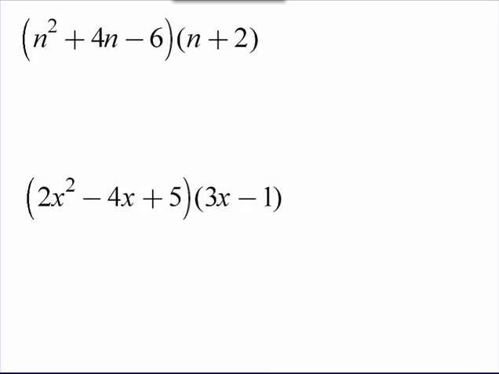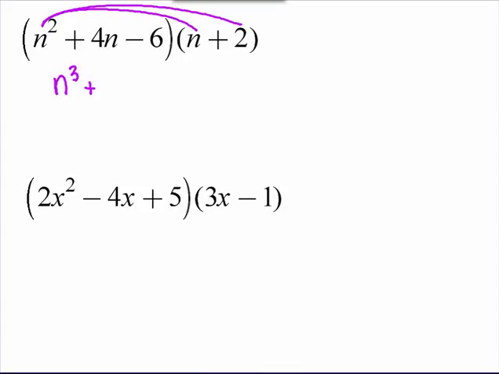Okay. Now, this one you won't use FOIL on because it's not 2 terms times 2 terms. So this is what you're going to do. You're going to start by taking n squared times each of the 2. So if I take n squared times n, I get n cubed.